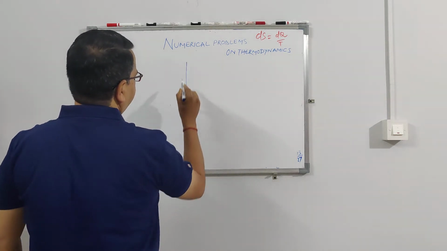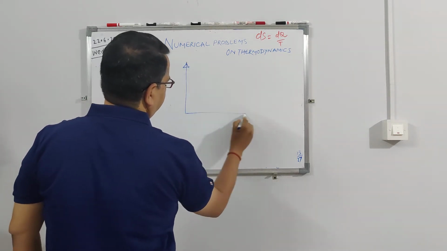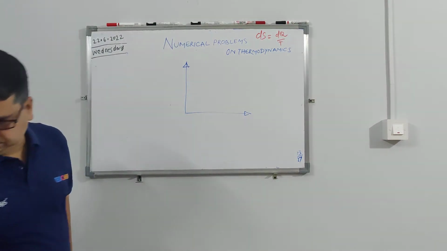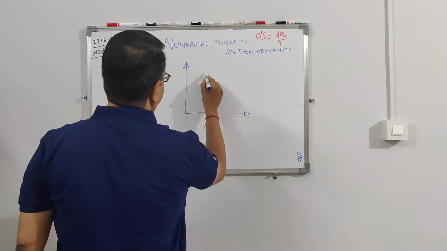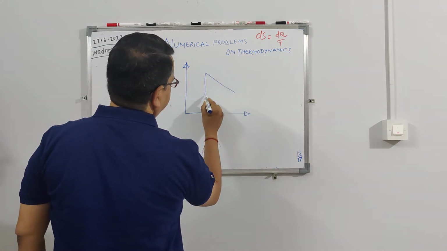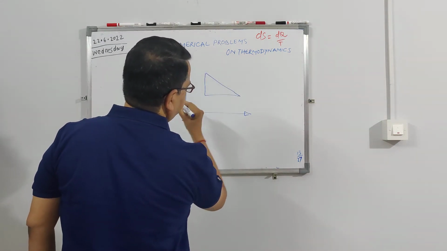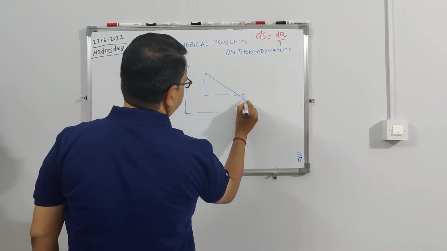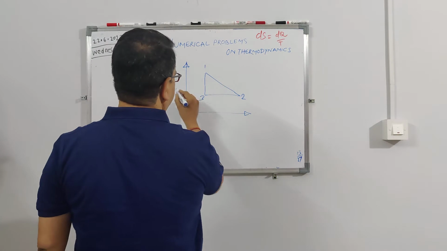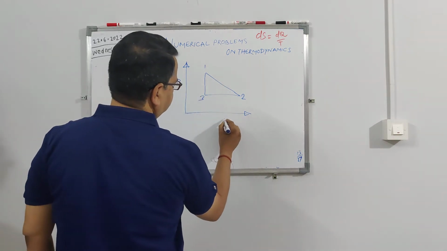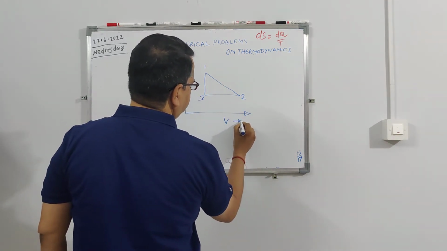So let us say we draw a PV diagram. Okay, so this is a PV diagram. Let's say this is one, this is two, and this is three. This is pressure on the y-axis, volume on the x-axis.